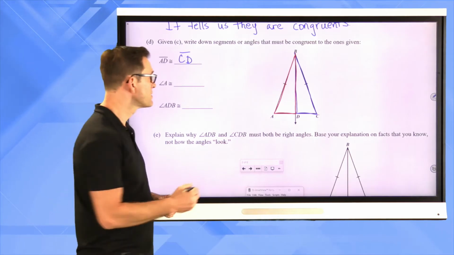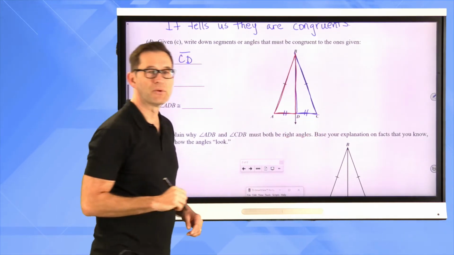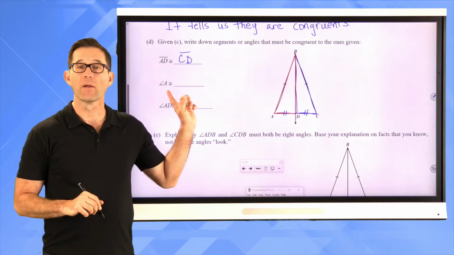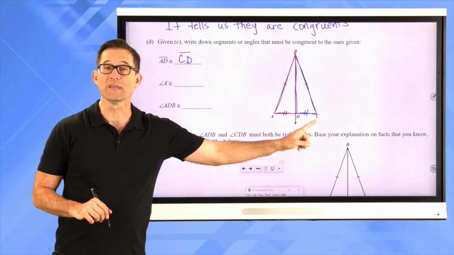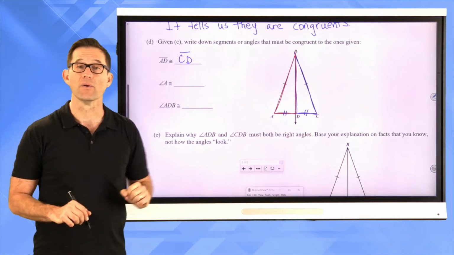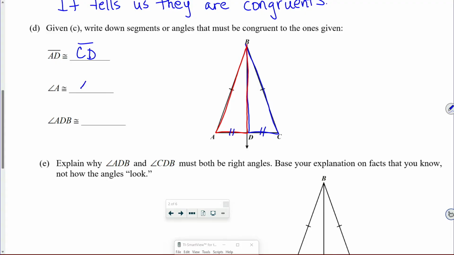And actually, let me make some marks. To show AD is congruent to CD, I'm going to make a double slash mark there. Angle A, which is right here, has to be congruent to angle C because those are corresponding angles in two identical triangles. Let me mark those with arcs.